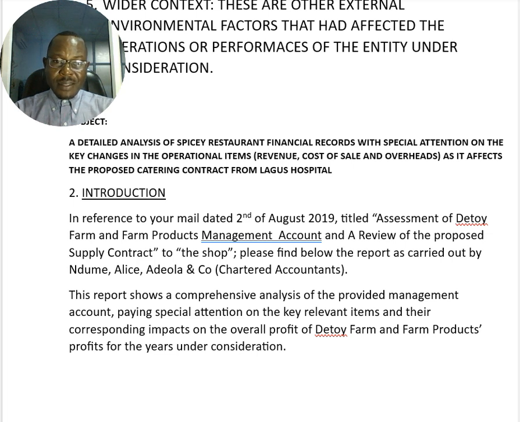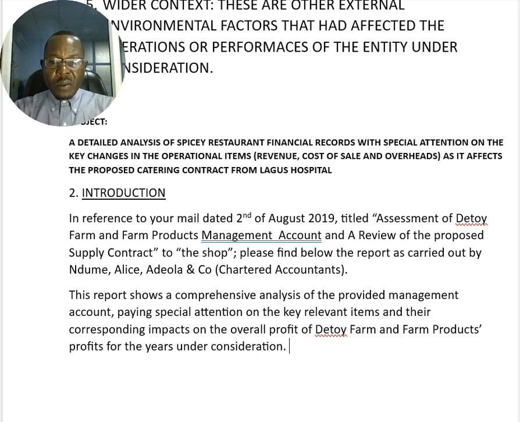So it's now on us as analysts, as report writers, as reporters or financials, to be able to let the organization know that these are the reasons why, despite your huge revenue, you're still having overdraft, or despite the profit that you're having each of the years, you're still having overdraft. So we have to make reference to that part in the introduction.